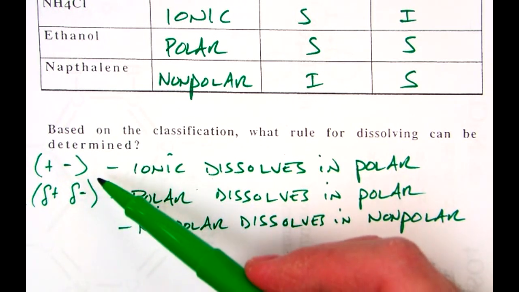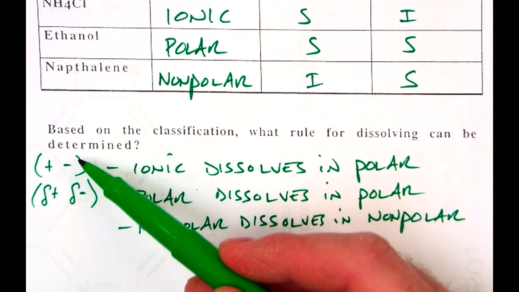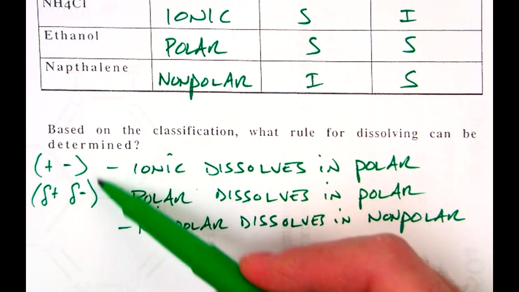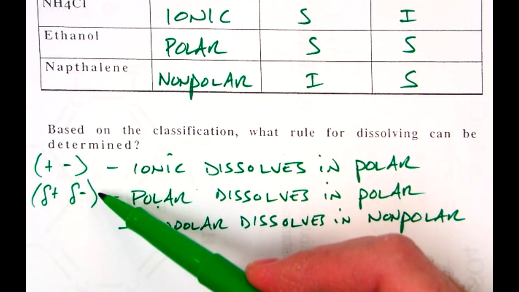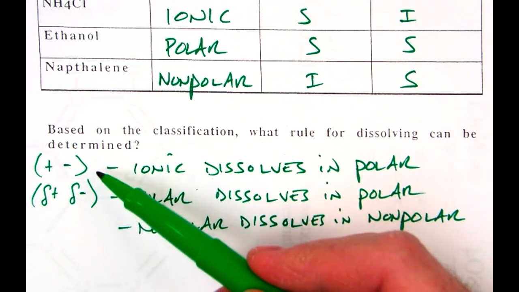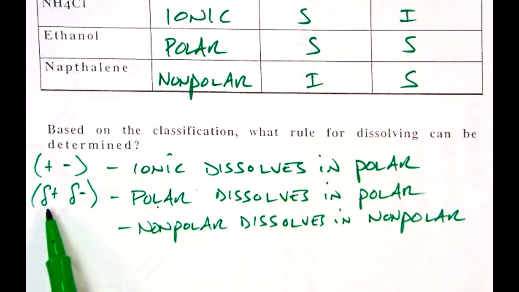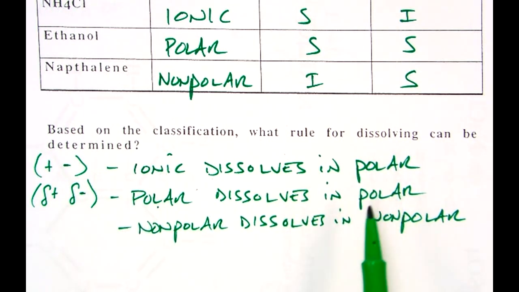So it looks like these are chemically very similar, because they have an uneven distribution of those electrons. So what we can say is that ionic dissolves in polar, polar dissolves in polar. Things that are nonpolar have no charges, so no charges dissolve in no charges.